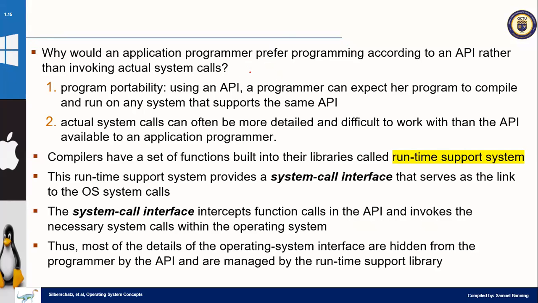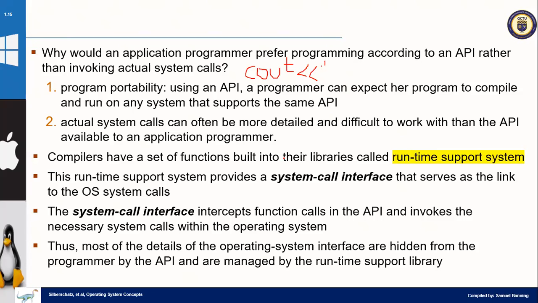That is why we use a compiler like Borland C++. When we give the Borland C++ compiler this command cout, the cout is converted into the appropriate system call by the compiler.